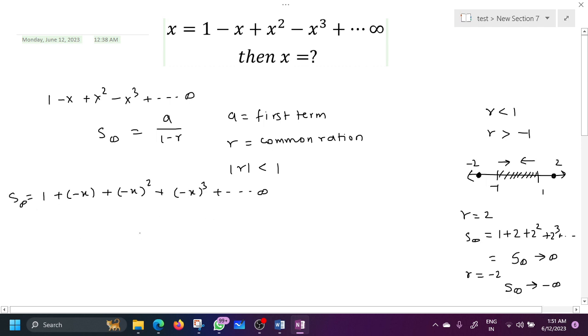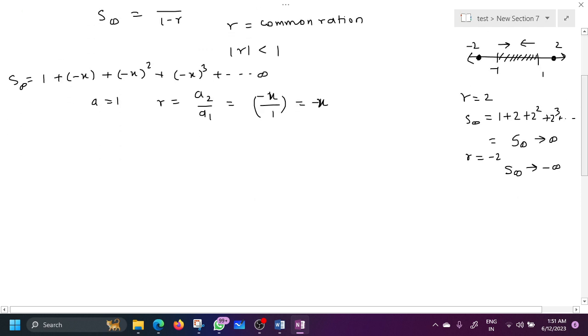In this series a is 1 and r is found by a2 by a1, or any two consecutive terms. So you have minus x over 1, which is equal to minus x. So here you have r is equal to minus x.